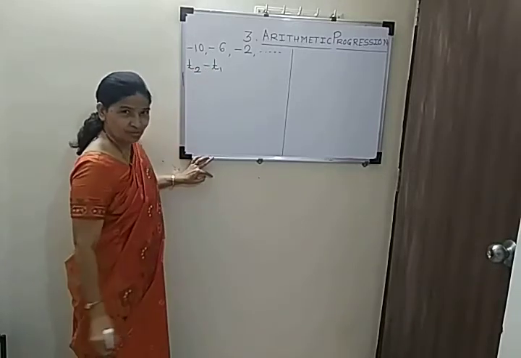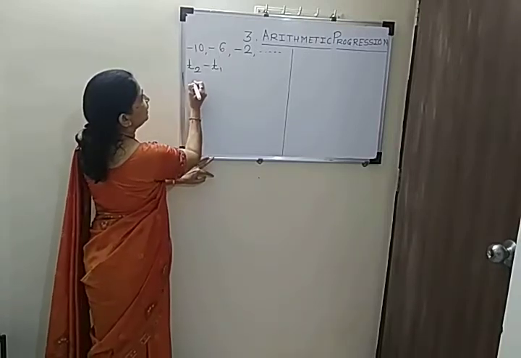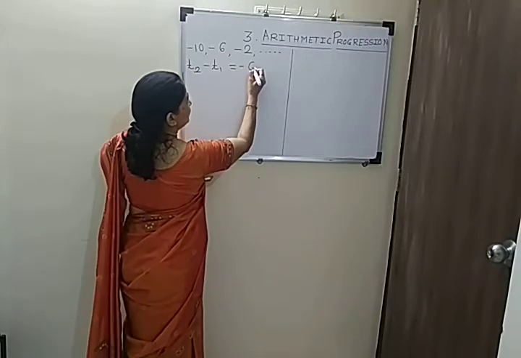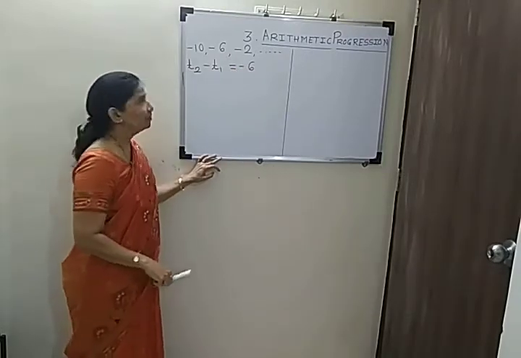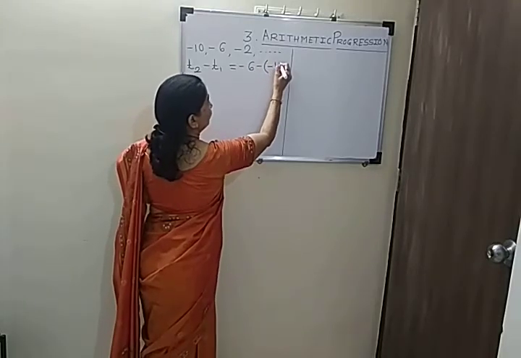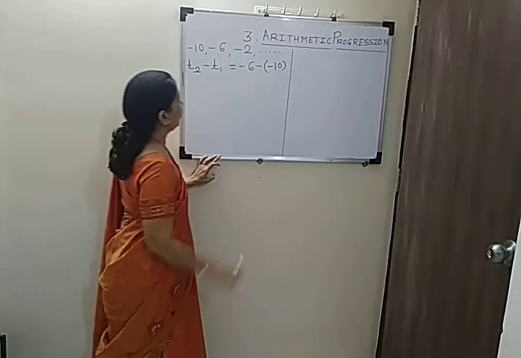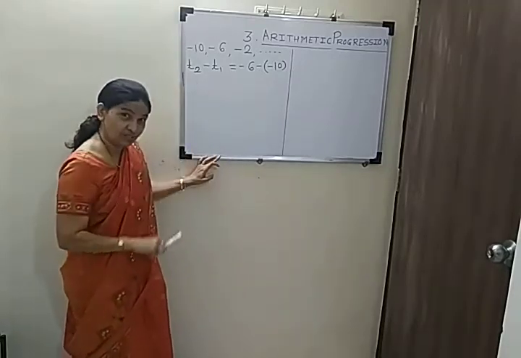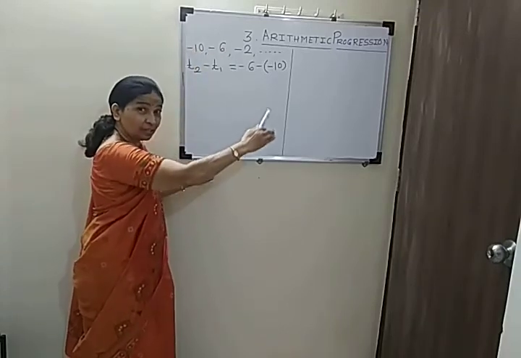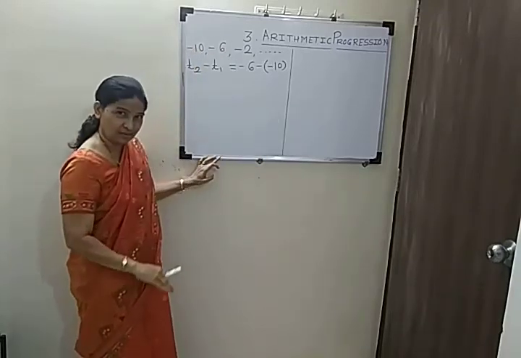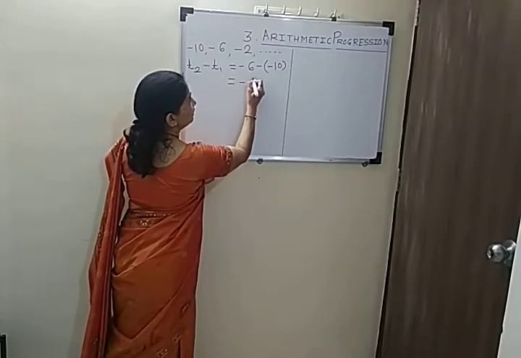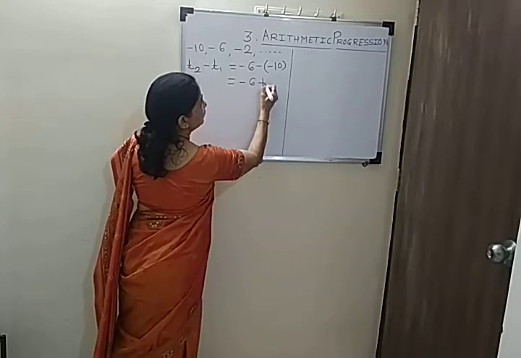So T2 minus T1 is equal to minus 6, this one is your T2, minus minus 10. So T2 minus T1 means the difference between the consecutive terms. That came as minus 6 plus 10.